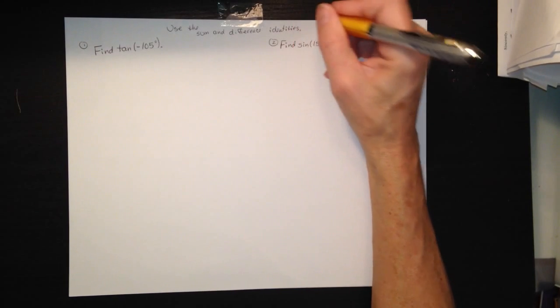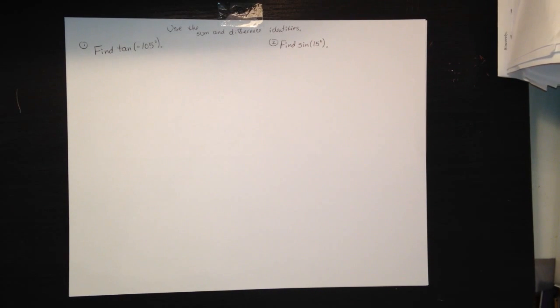Well, 15 degrees is not a known angle to me as far as the unit circle goes. So what I'm going to do is come up with two angles that are known to me as far as the unit circle goes to make it equal to 15.